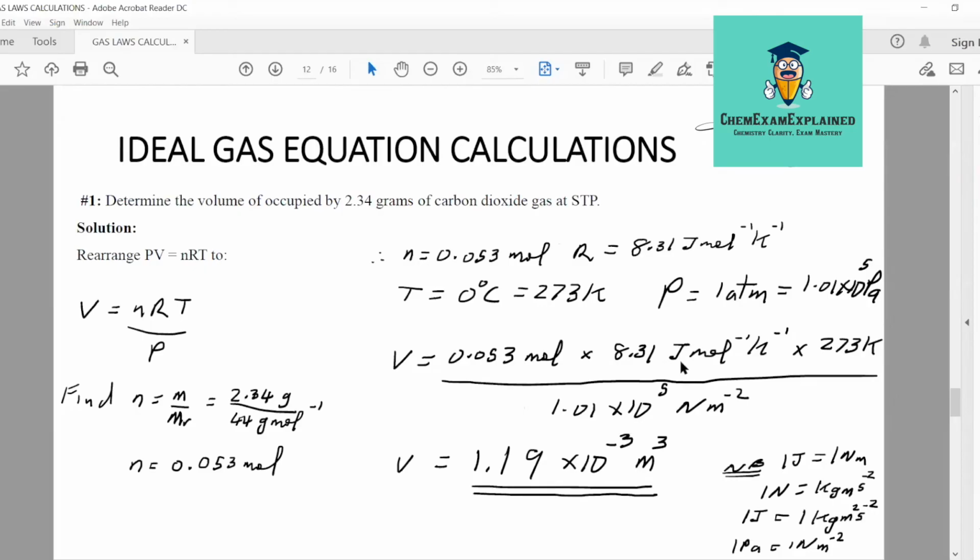Joules over Newton per meter squared is what we just looked at to convert this volume to give us meter cube as our answer. So the volume occupied by 2.34 grams of carbon dioxide at STP is 1.19 times 10 to the minus 3 meter cube. Let's look at another question.